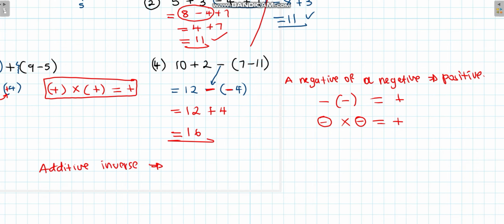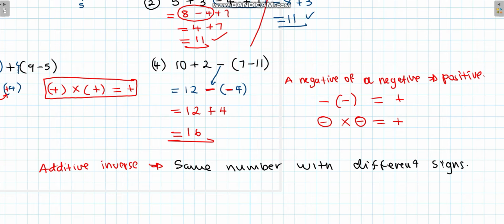So our additive inverse is just the same number with different signs, so that when we add them, we get 0.